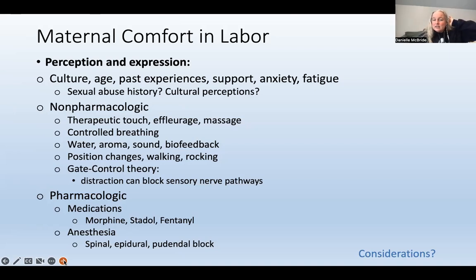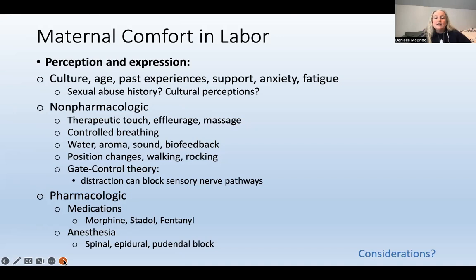Outside of that, the other things that I'm thinking about are my pharmacologic and non-pharmacologic pain management. Non-pharmacologic is a huge part of OB. And this is one of the things you can carry with you into other modalities, ways to help people cope with pain that's not a medication.